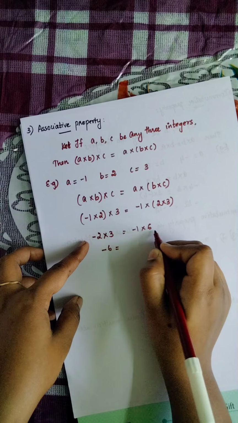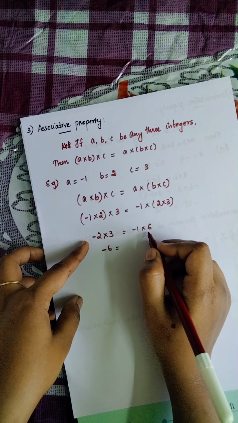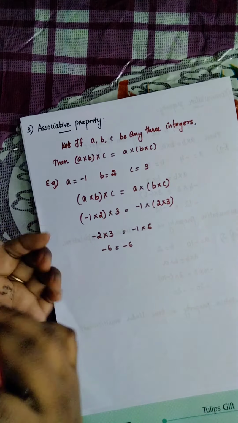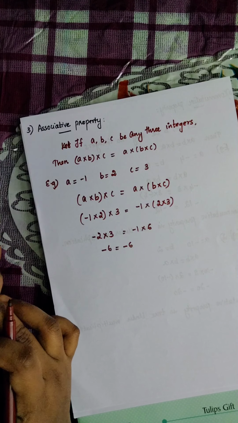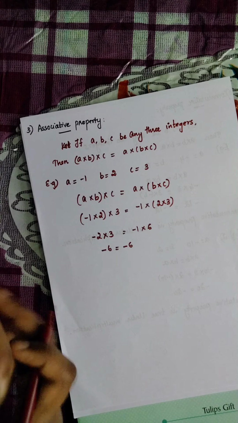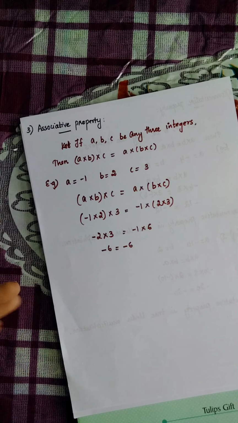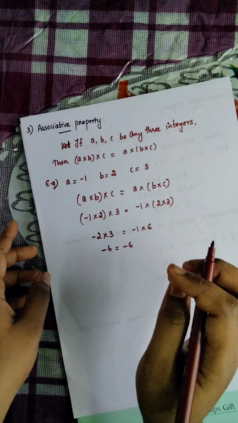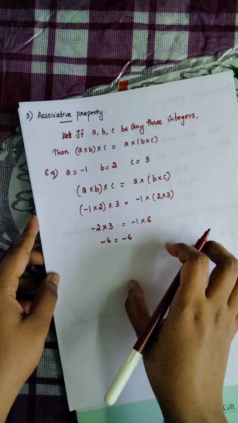Here -1 into 6 is -6. Whether both sides you are getting the same answer? -6 and -6. So associative property is true under multiplication.